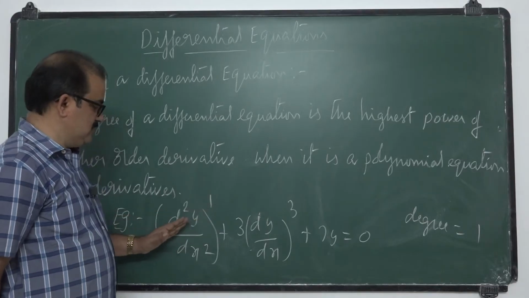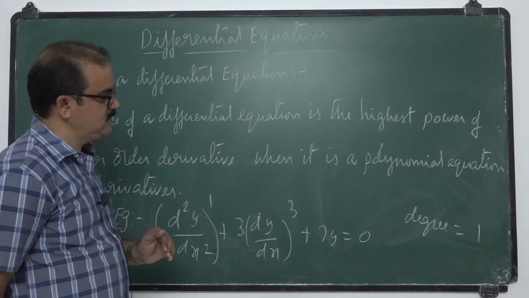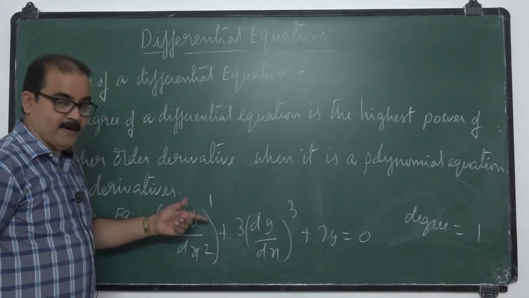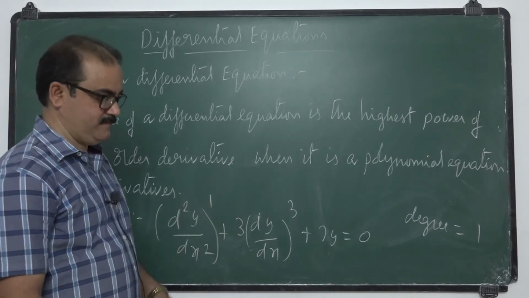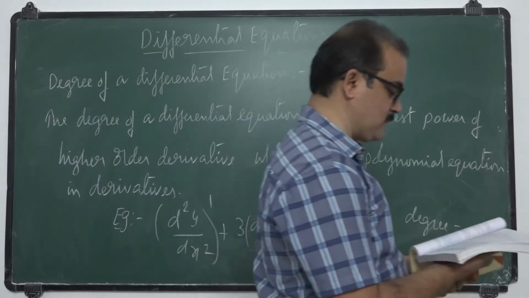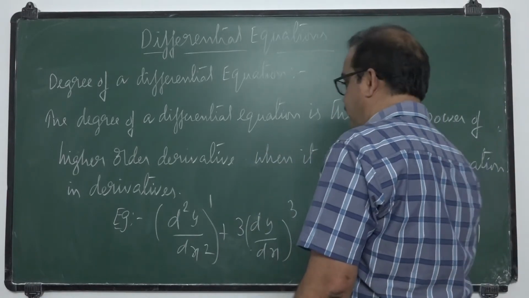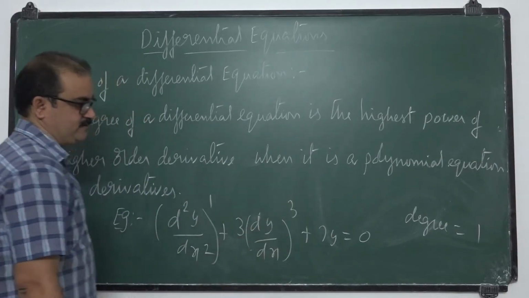It is the order of the highest derivative. What is meant by degree of a differential equation? The power of the highest derivative is called degree. And moreover, it should be a polynomial equation in derivatives.